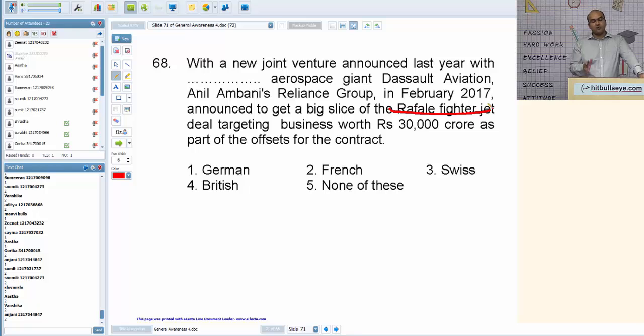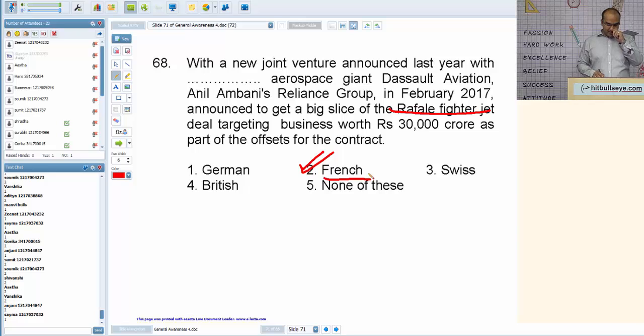So from which country is Dassault Aviation? Absolutely right. Dassault is a French company. Again, a lot of details to take care of in this particular question. So, a joint venture of Dassault and Reliance Group. Dassault is providing the Rafale fighter jet to the Indian Air Force.